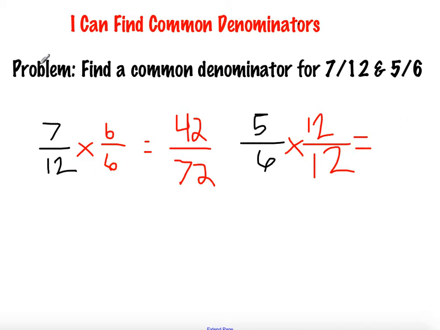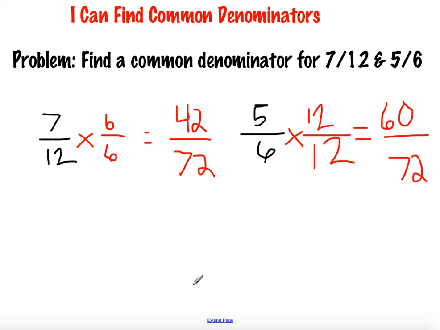So 5 times 12 is 60, and I know from over here that 6 times 12 or 12 times 6 is 72. So now I have the same denominator in both of my fractions. That's the first way that you can find a common denominator.